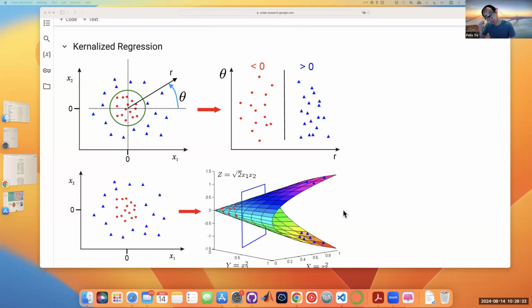If we lift up and create more features, like random features, into much higher dimensions, it is possible the number of features is actually bigger than the number of points, meaning d is bigger than n. Sometimes d could be much bigger than n. So how can we handle these kinds of situations?